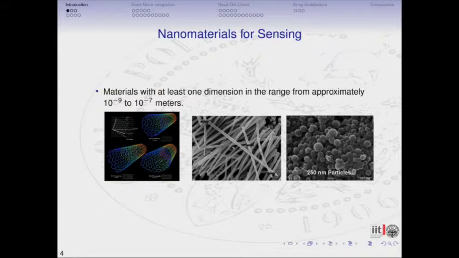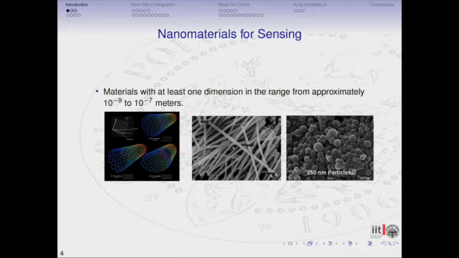Let's talk about nanosensors and in particular nanomaterials. Nanomaterials have at least one dimension in the range of nanometers or hundreds of nanometers, like carbon nanotubes or semiconductor nanowires.